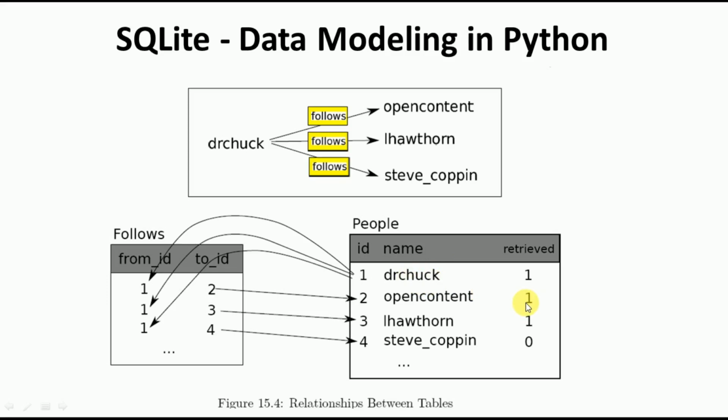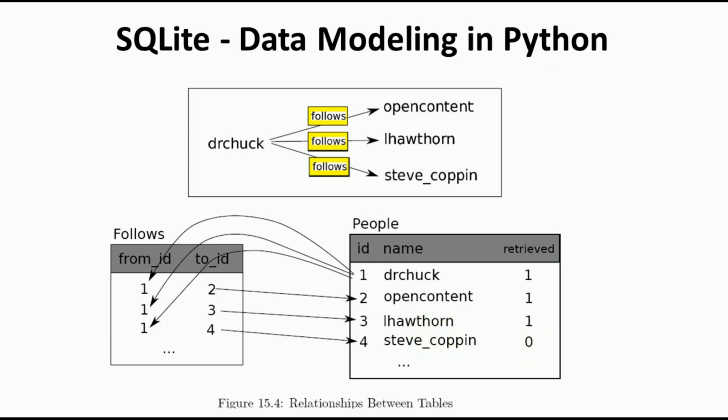The second friend's retrieved is set to 1, meaning his friends have also been retrieved, and the third one is also set to 1, meaning his friends were also retrieved already. Now if you look at the fourth friend, Steve Coffin, it is set to 0, meaning his friends were not yet retrieved. That is a very simple way of understanding it.